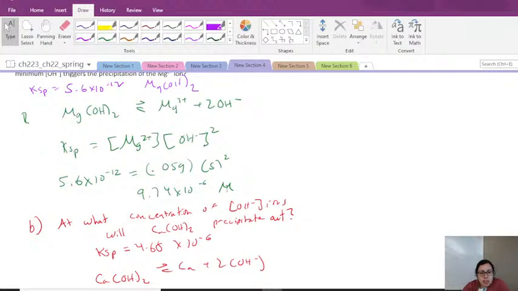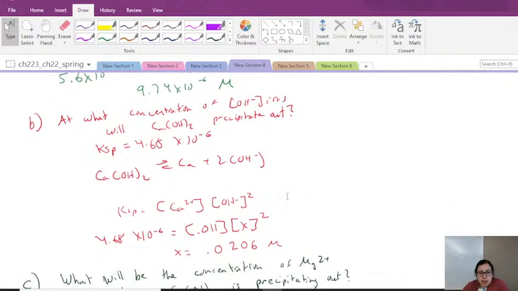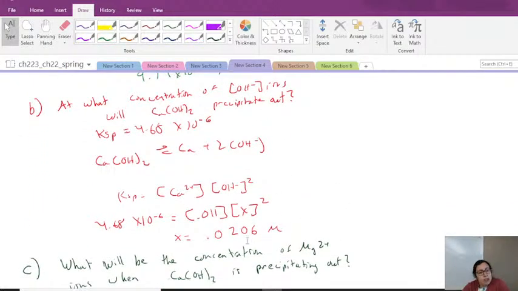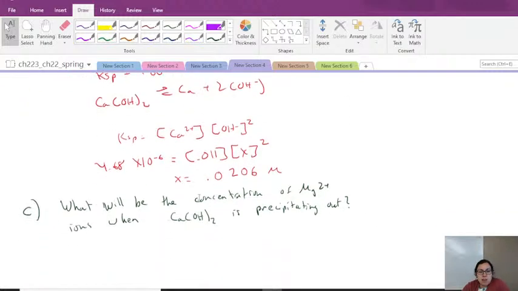You added this amount, and your magnesium hydroxide started precipitating out. Now you got to this amount of hydroxide, so your calcium hydroxide is starting to precipitate out. But then you're asking, is there still magnesium 2 plus when your calcium hydroxide is precipitating out? I think that really is what your question is: how effective is this, essentially? Let's answer that.